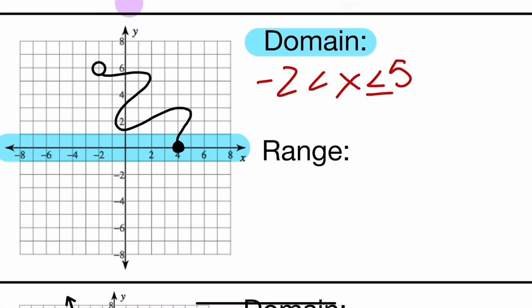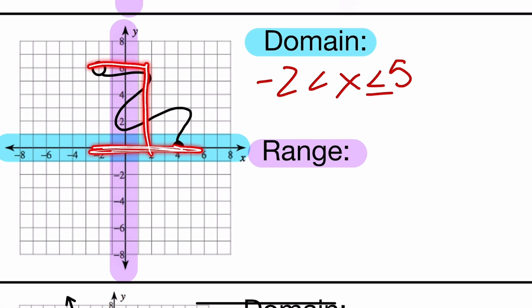Okay. Range is coming next. Right here, our range is going to be our purple line, and that's going to show us our range. We're going to go from bottom to top again. So wherever our endpoints are, that's going to be right here.